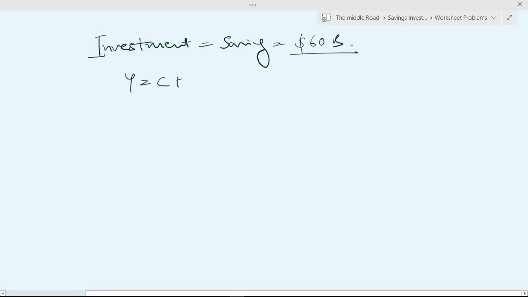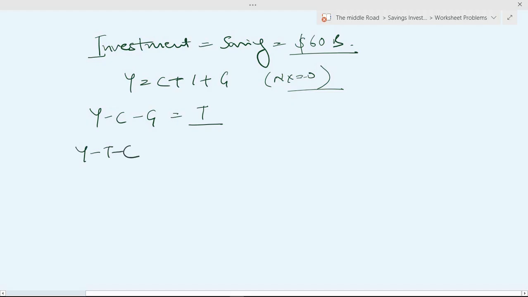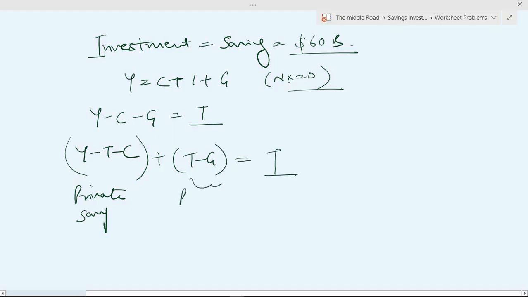Let's derive it. We know Y is equal to C plus I plus G, and we are keeping NX equal to 0. I could write this as Y minus C minus G equal to investment. We can also write this as Y minus T minus C, which is private saving, plus T minus G, which is public saving.